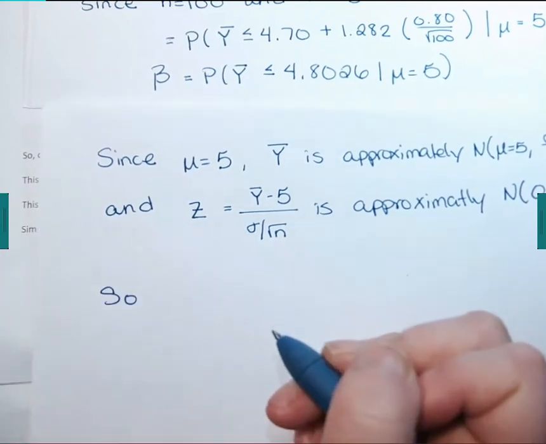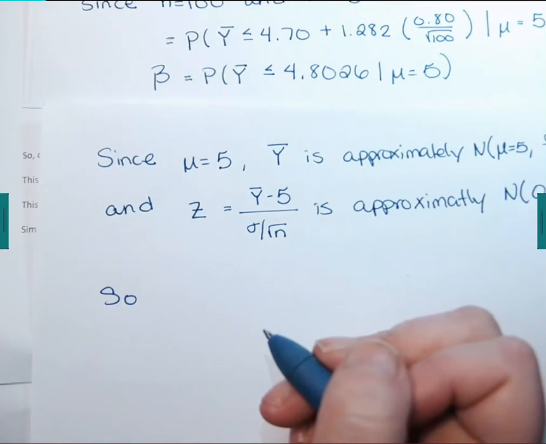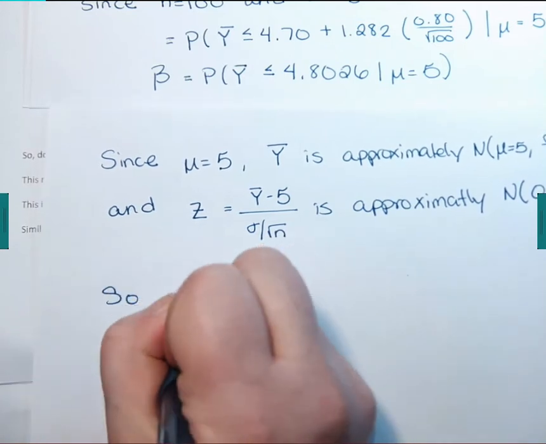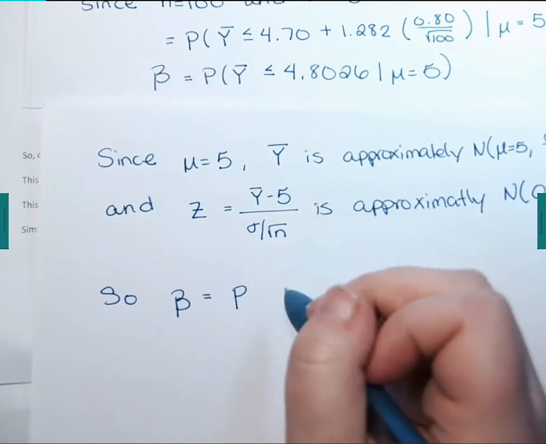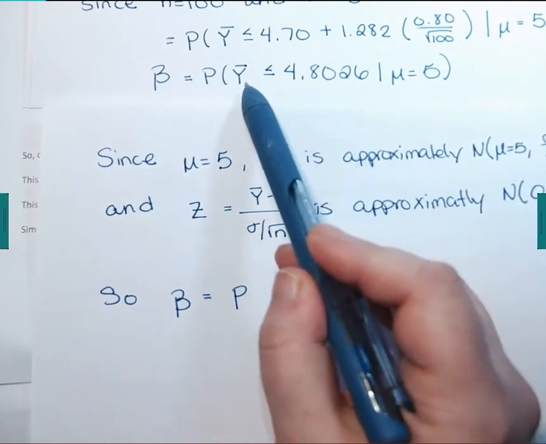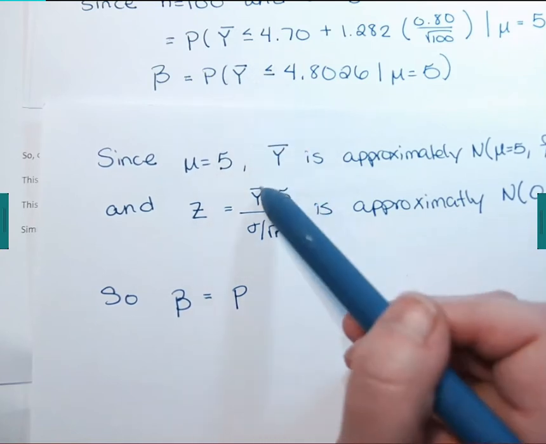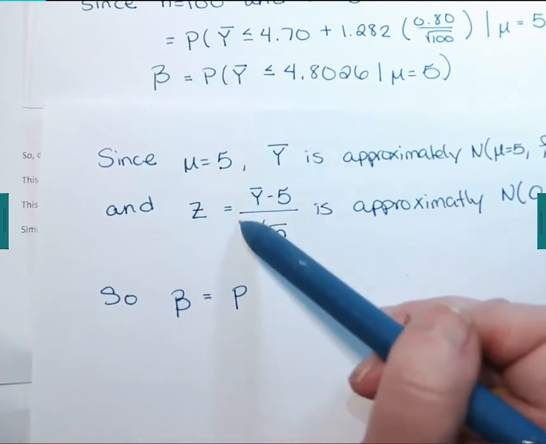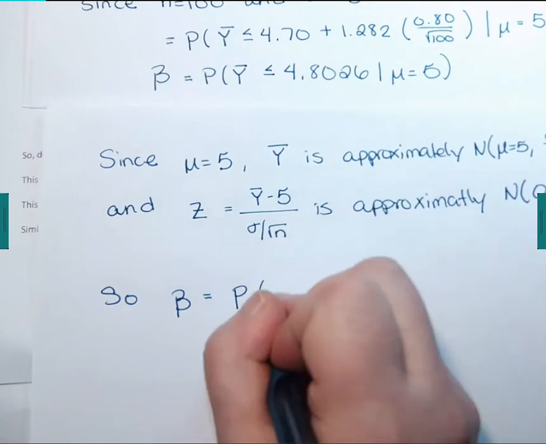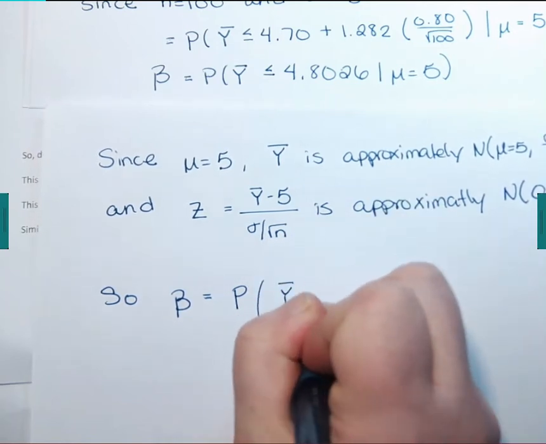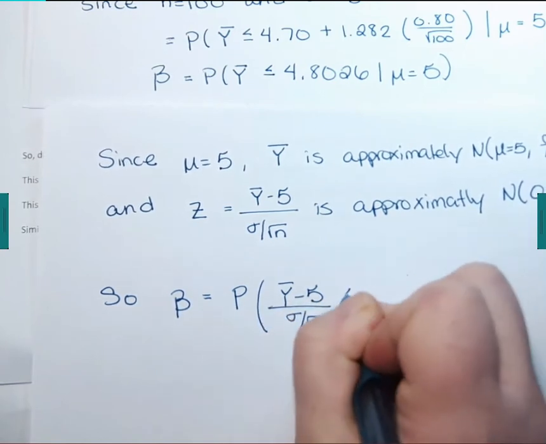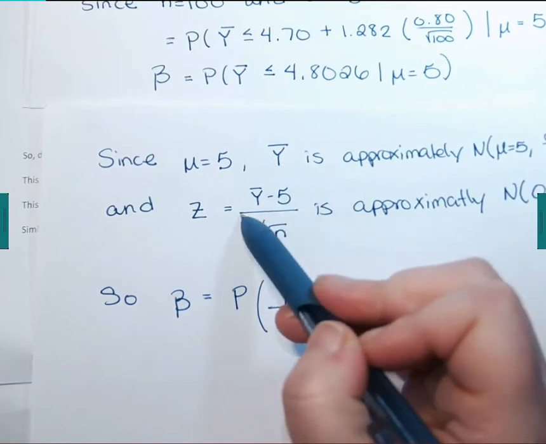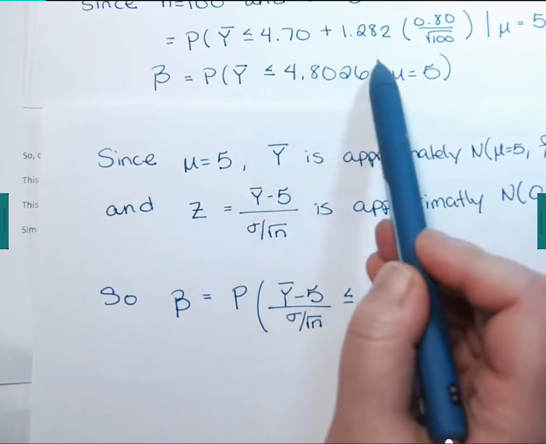All right, so we can substitute in here to help us. So beta is equal to the probability. And so the first thing I'm going to do is I've got this probability statement right here. I'm going to convert the y bar to a z. So here on the left-hand side, you're going to see this piece right here. Well, if I convert y bar to the z, I have to convert the 4.8026 as well.